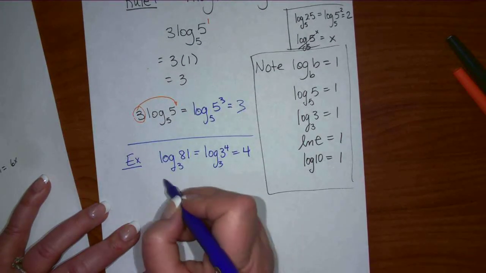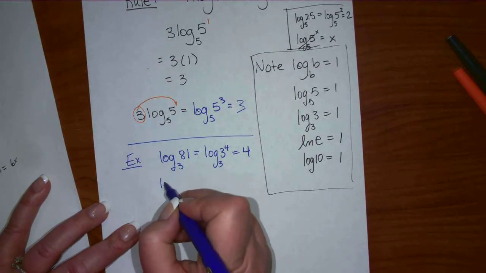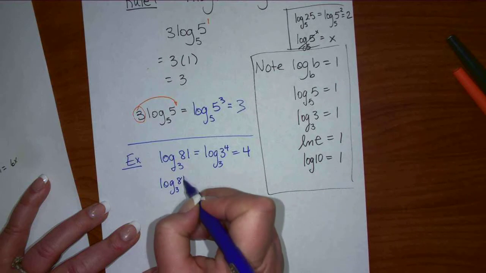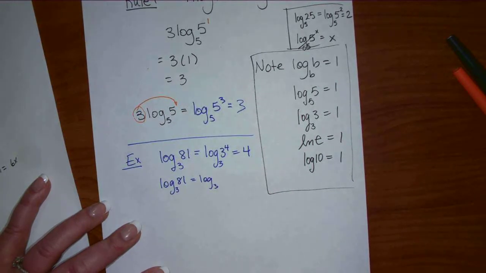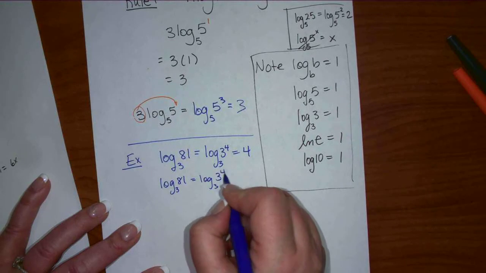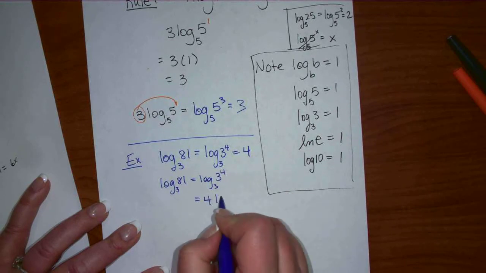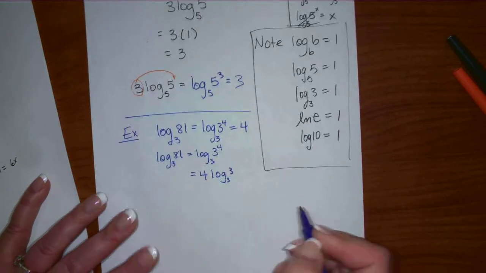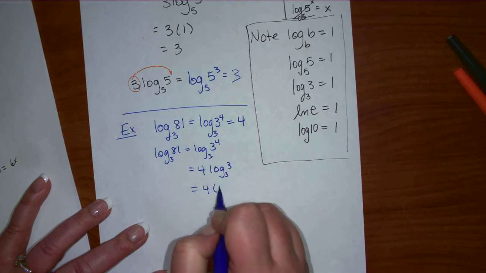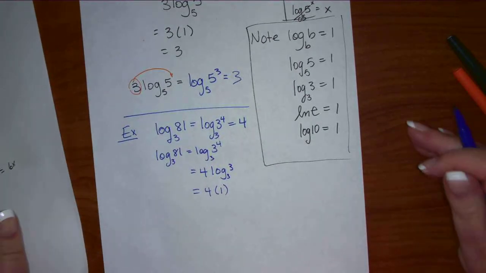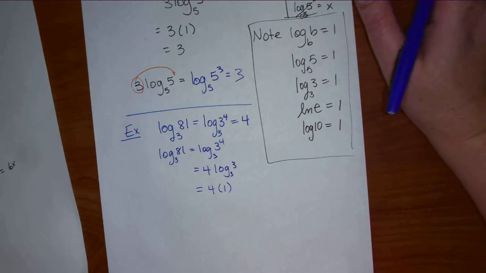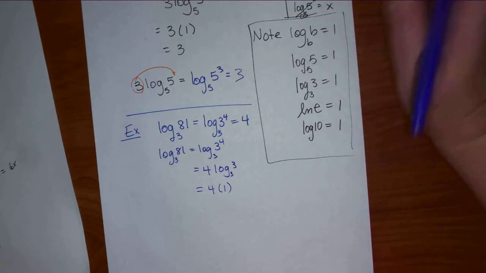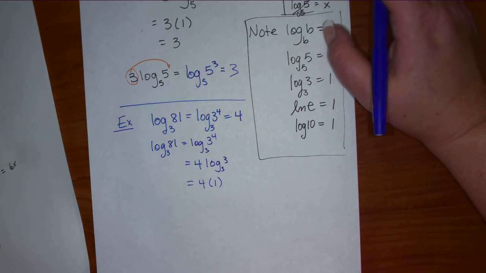What if instead I said log base 3 of 81 is log base 3 of 3 to the 4, which is the same as putting the 4 in front. This is 4 times 1. Would we ever do that? Probably not, but it does work. Every time you can move the exponent up or down, it doesn't matter. Okay?